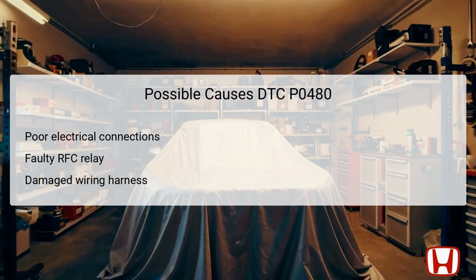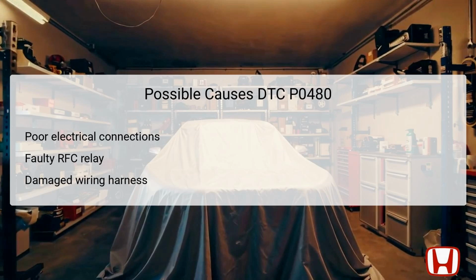There are several possible causes for the P0480 DTC, starting with poor electrical connections among critical components like the RFC unit and the PCM. Loose or corroded connections can lead to inconsistent performance or total failure of the radiator fan.